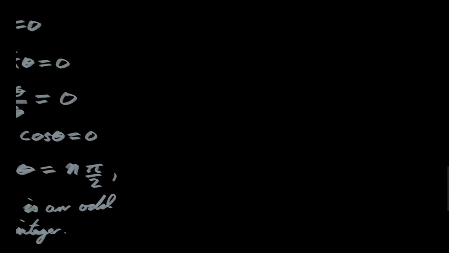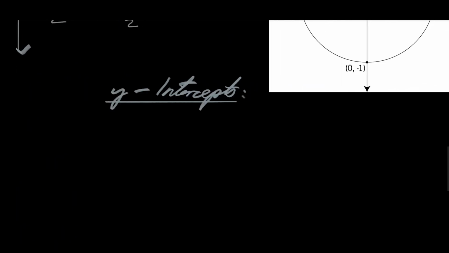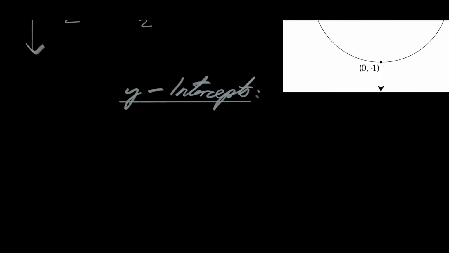Okay, let's move on to y-intercepts. And y-intercepts correspond to when theta is equal to 0. So let's set theta equal to 0, because theta equals 0 just is the y-axis. Okay, but if theta takes the value 0, then there's got to be some y value equal to the cotangent of 0, okay?